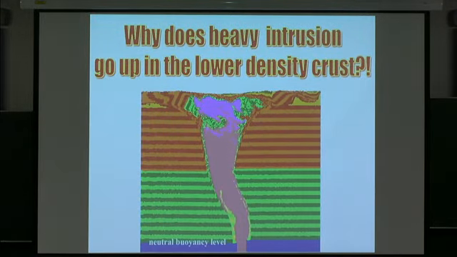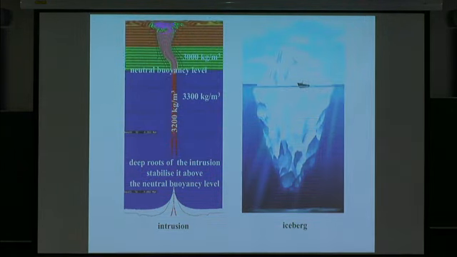Not only in nature, but also in numerical experiments where everything is controlled, including gravity, so it's not the moon driving this intrusion up by gravitation. The principle is the same as in the case of an iceberg. The head of the iceberg, which is sitting in low density air, is stabilized by the deep roots of the iceberg, which are sitting in higher density water.